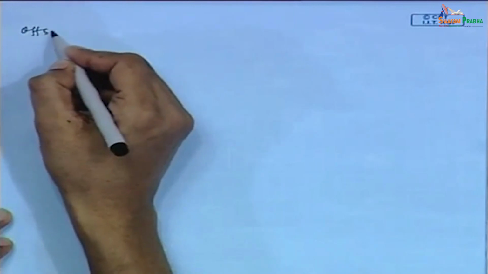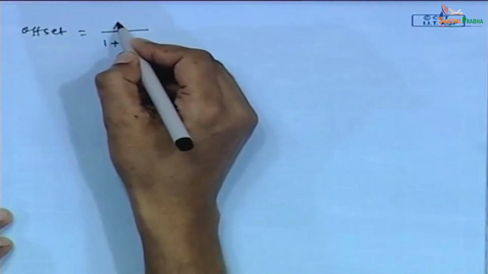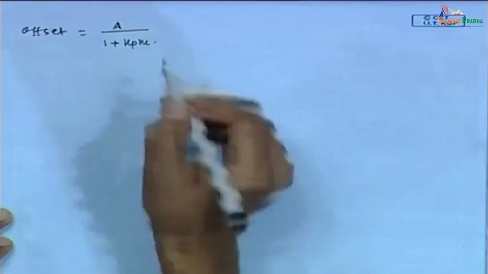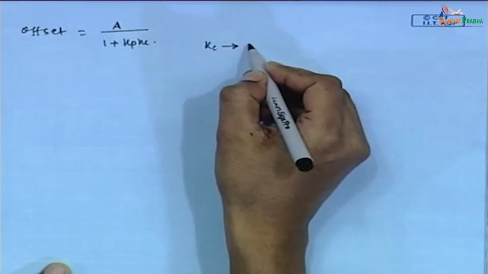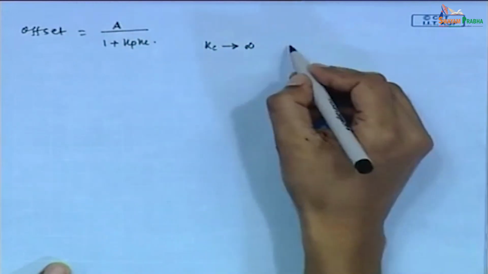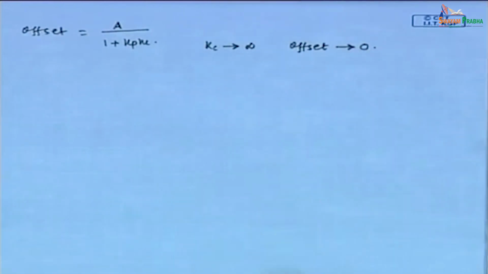We got offset equals A divided by 1 plus k p k c. When k c approaches infinity, offset approaches 0.